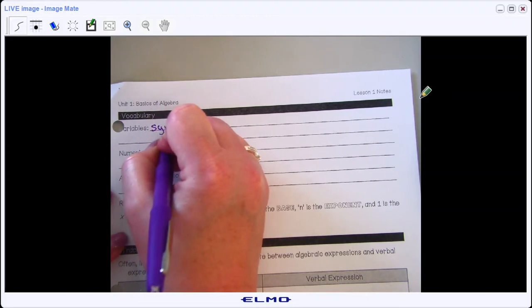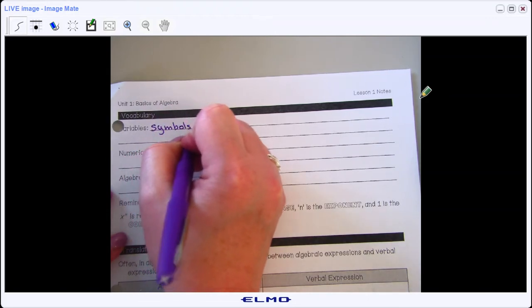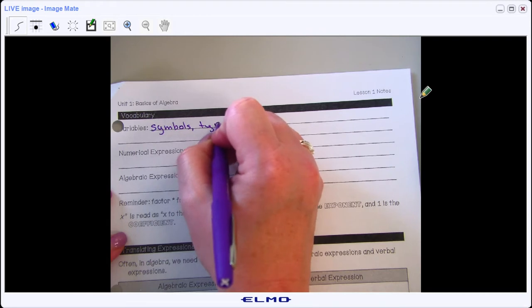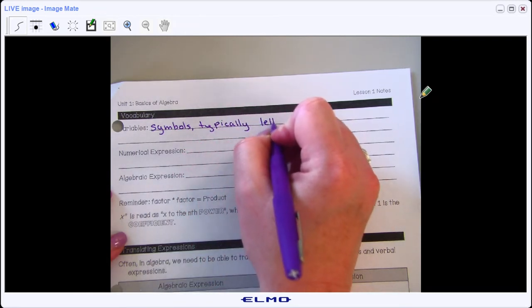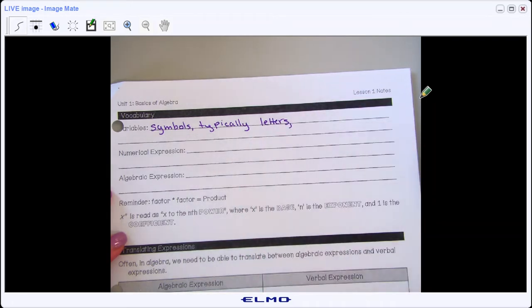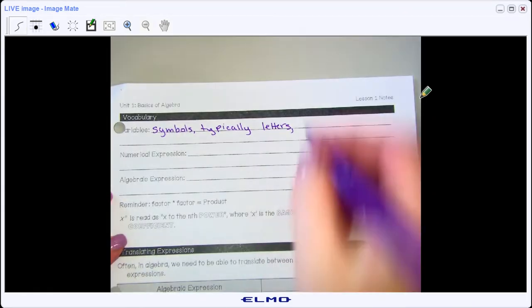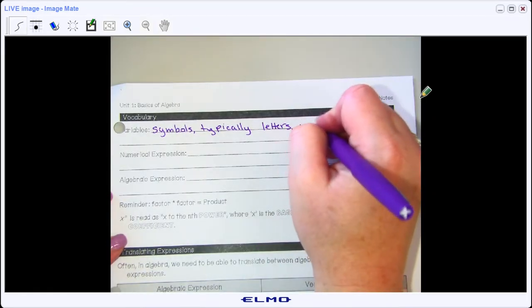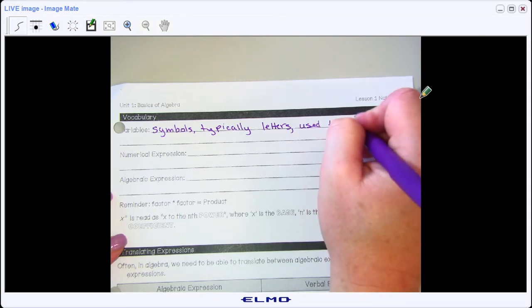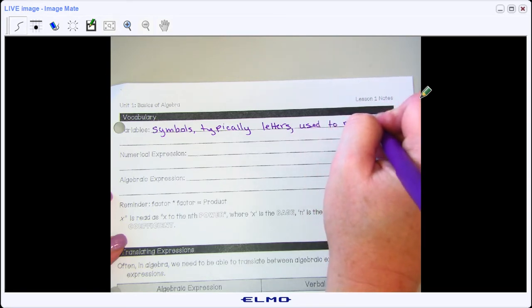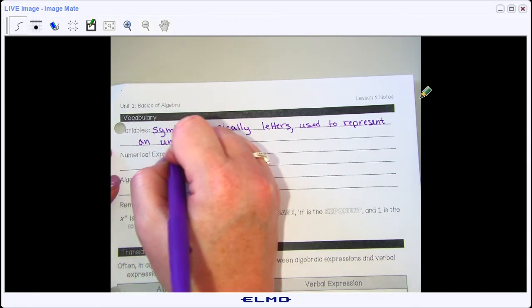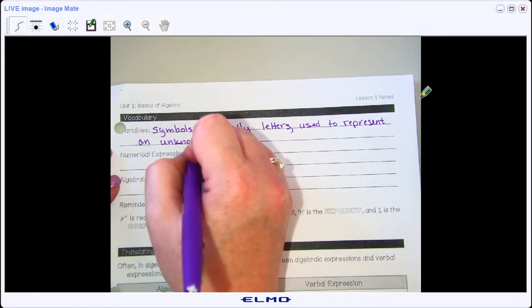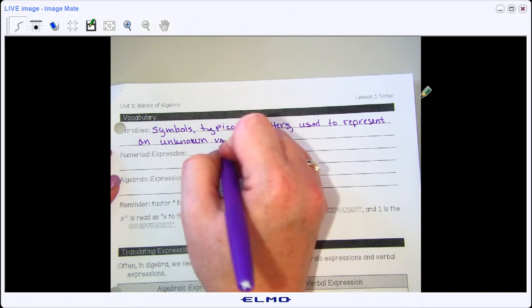So variables are symbols, which we typically use letters, that are used to represent an unknown value.